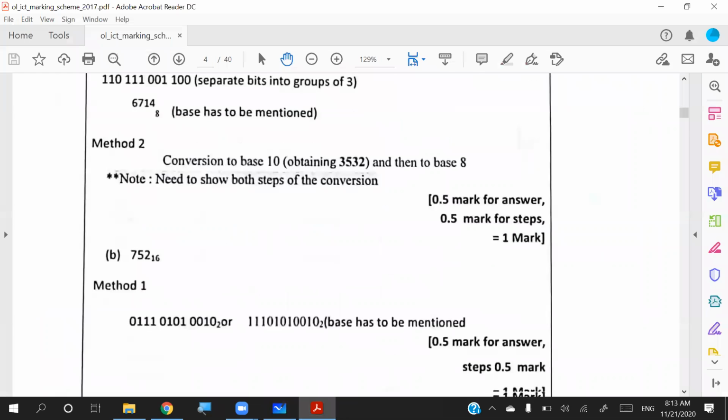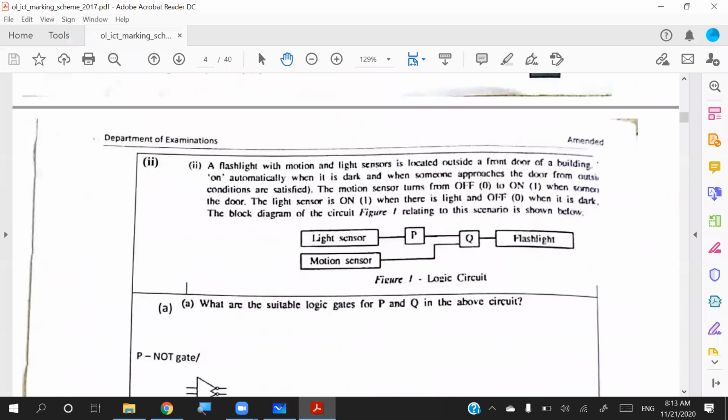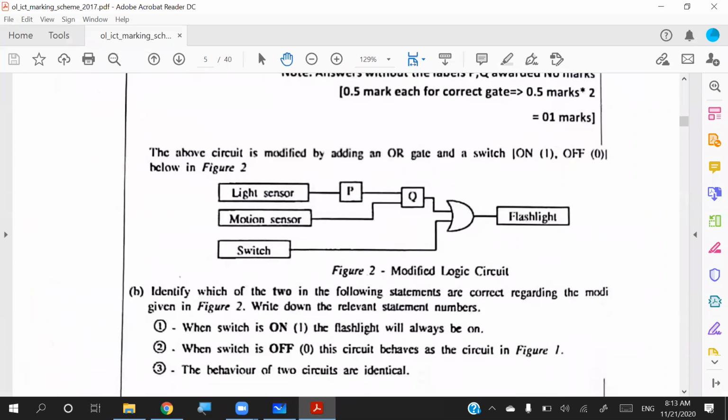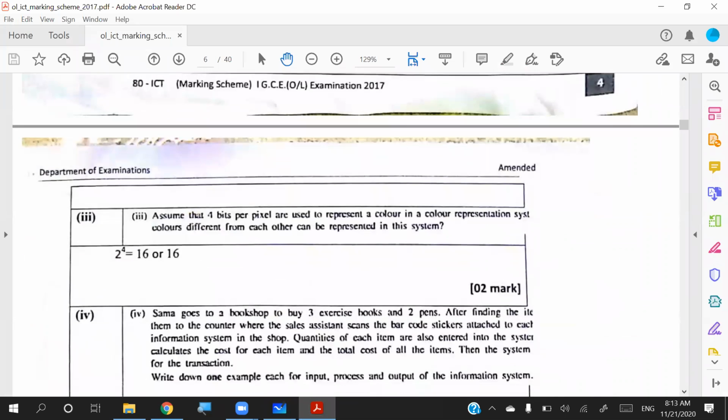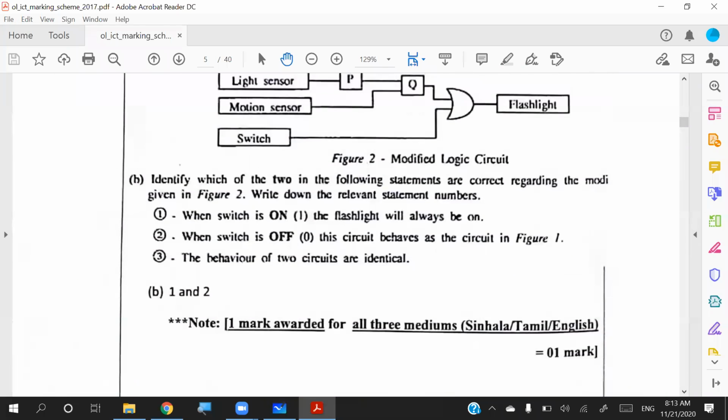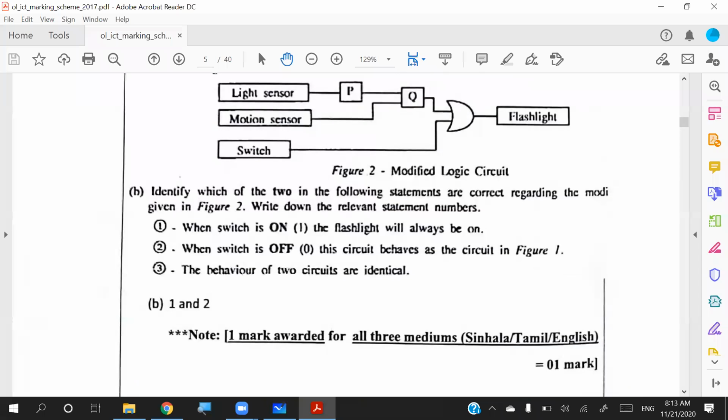So that's why the answers are saying over here, hold on, how they have said. Yeah, what they're asking is, identify which two of the following statements are correct regarding the modification given in figure 2. So 1 and 2. For this, you are getting 1 mark.